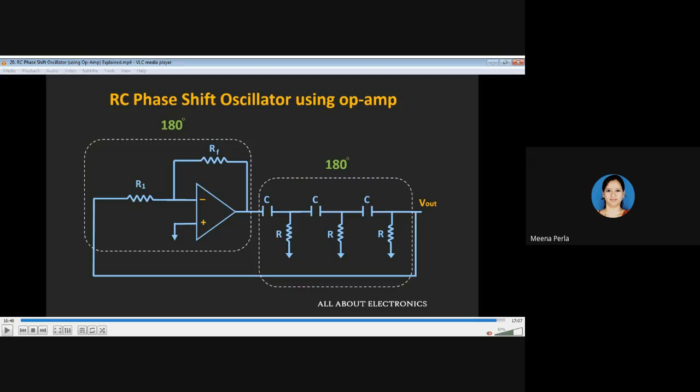And then since A beta is equal to 1, when we substitute A as 1 by 29, we get beta is equal to 29. So this is how we have seen the derivation for RC phase shift oscillator. Any doubt in this? Hope this topic is clear.